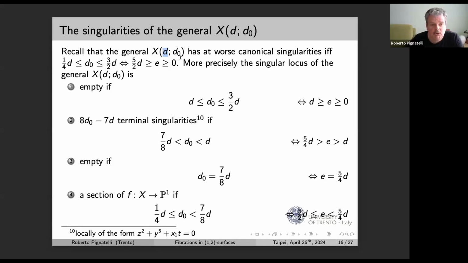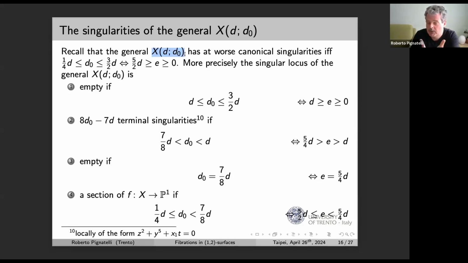If you fix D and you move D0 in this range, here I also wrote some equivalent inequality with e, let me ignore them. Of course, you can get families where D0 changes. So we have some unirational families, because for each D0 you get a unirational family of different dimension, which give a stratification, decomposing your moduli space.